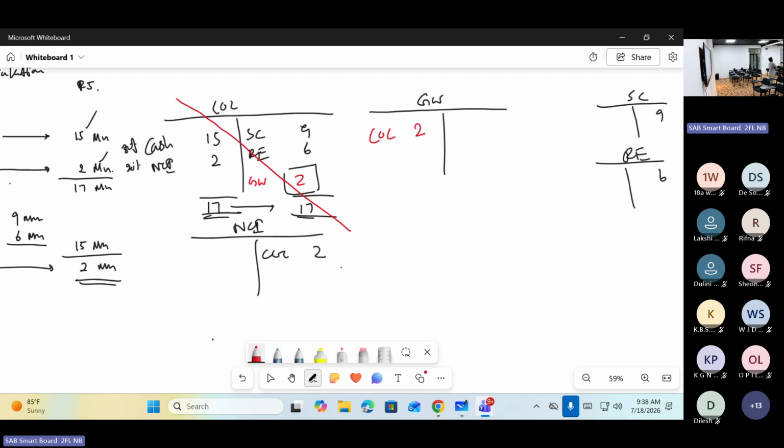If you are ending with a positive balance, that is called goodwill.